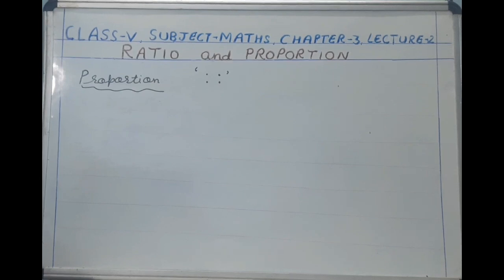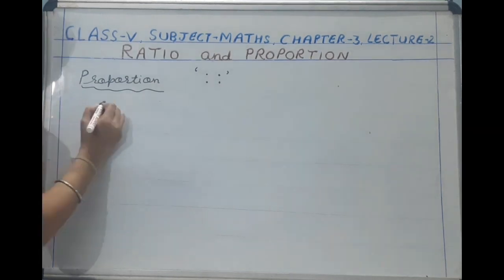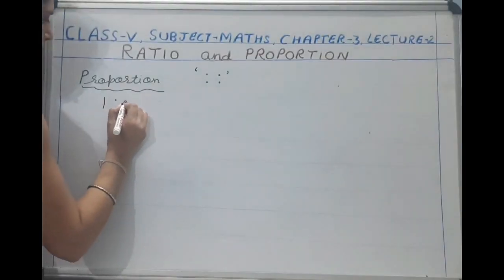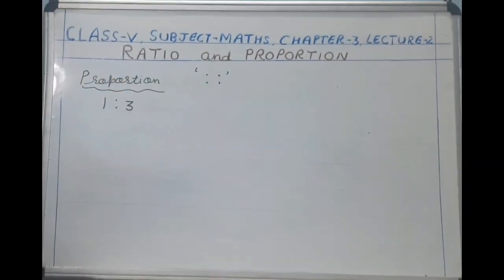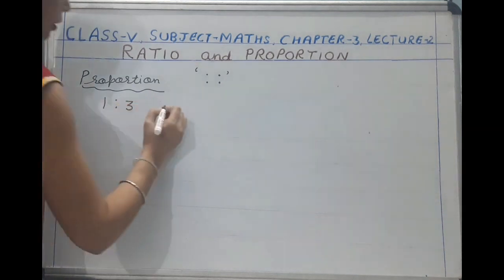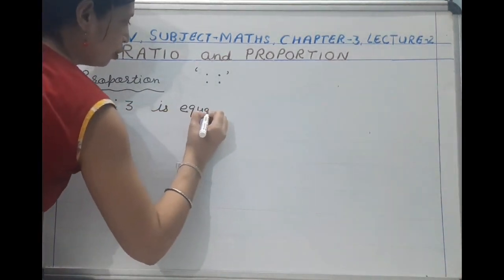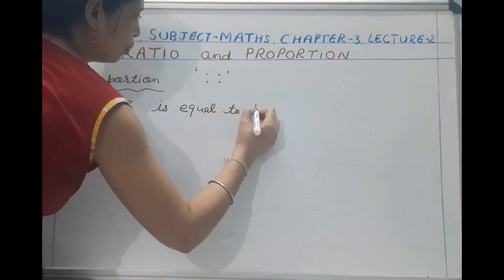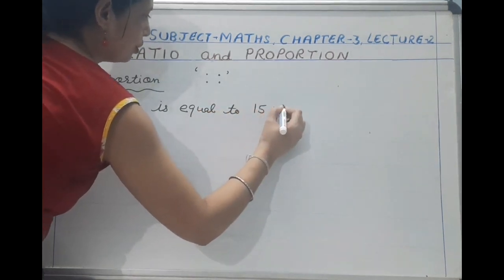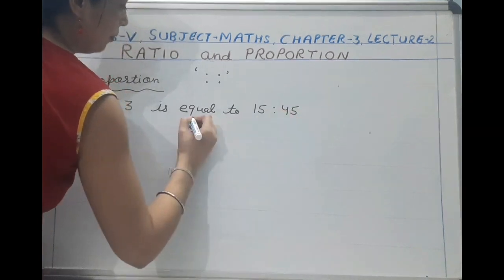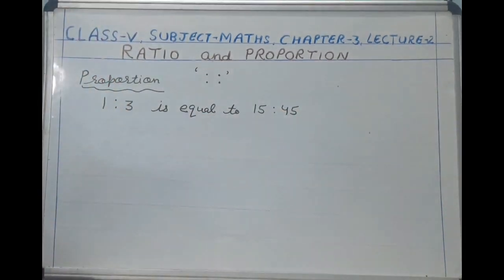For example, if we have the ratio 1:3 is equal to the ratio 15:45. Okay. So, how we can write down? 1:3 is as 15:45.